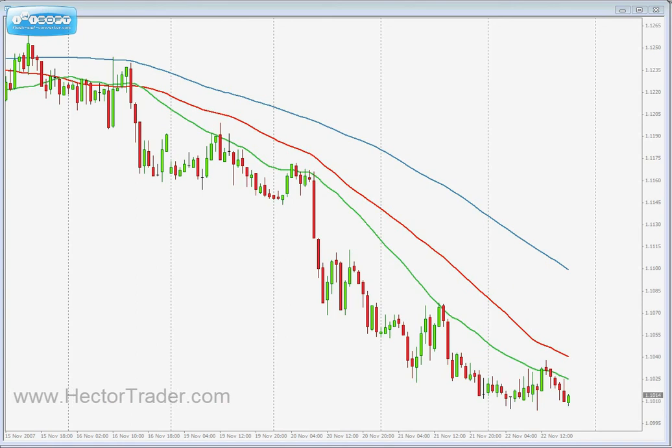The reason why this works is because institutional players like to keep an eye on this area, on these retracements, in order to adapt to their positions.